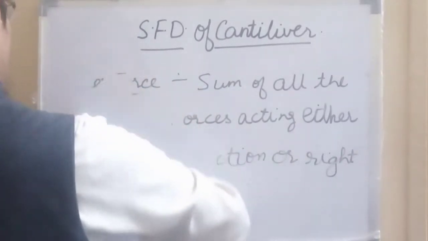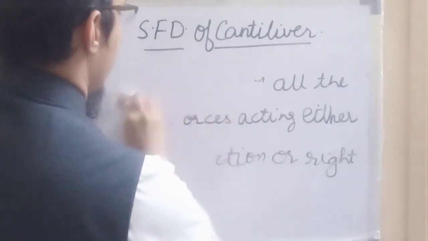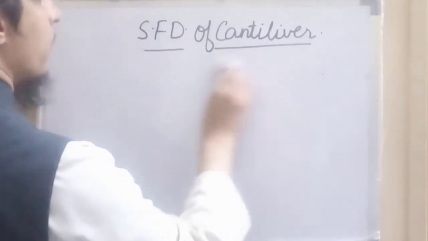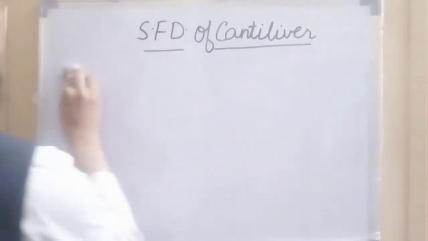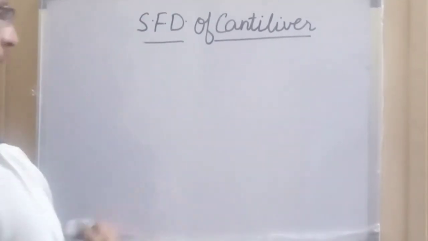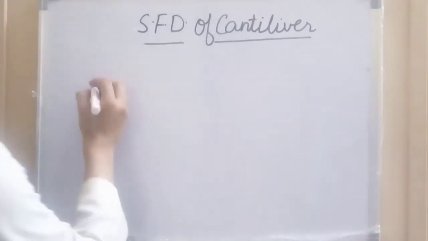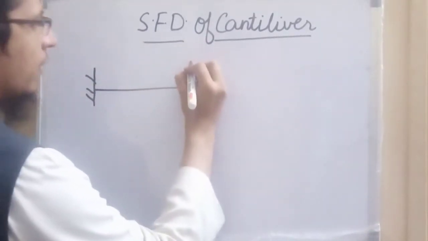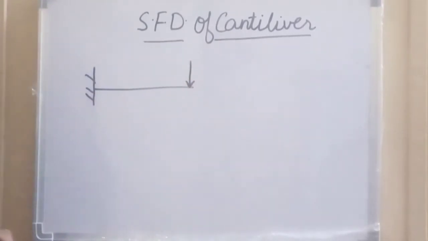So we have a cantilever and there is a vertical force acting on it. Suppose this is a cantilever and there is a vertical force acting on it. So how can we draw the shear force diagram?